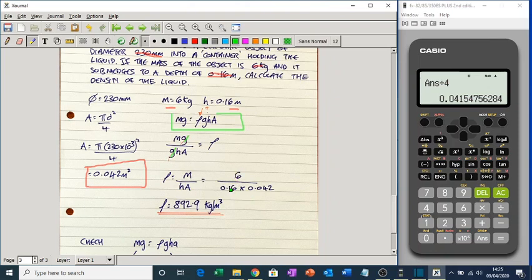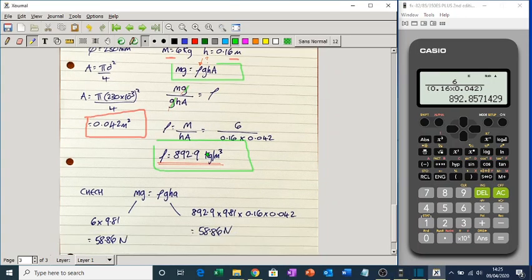That's my mass, that's my height, and that's the area. So 6 divided by, let's put it in a bracket, 0.16 times 0.042, close that, equals 892. Density of whatever that is, 892.